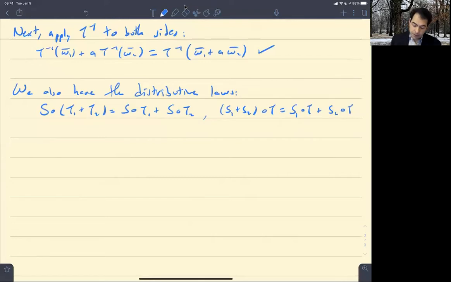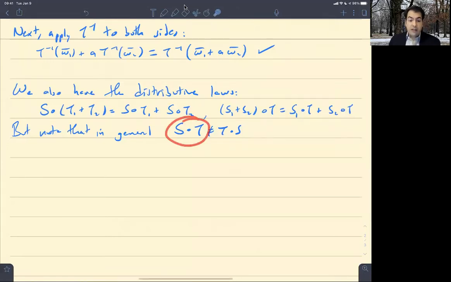Okay, however, in general, composition of linear maps is not commutative, right? On the one hand, it's entirely possible for this left-hand side to make sense and the right-hand side not to make sense.